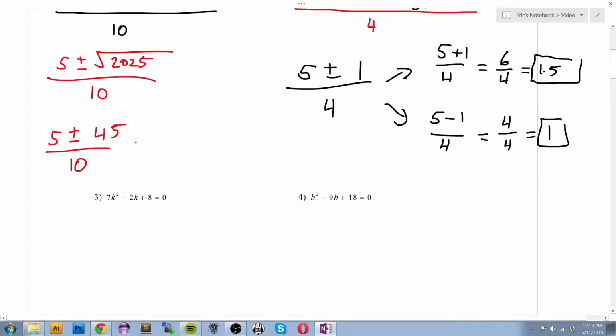So now we're going to break it up into the positive and the negative using addition or subtraction. So you would have 50 over 10, because I added those, or I would have negative 40 over 10, because I subtracted those. This would give me an answer of 5, or this would give me an answer of minus 4. So there we go.